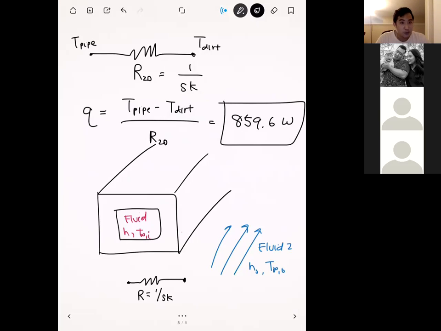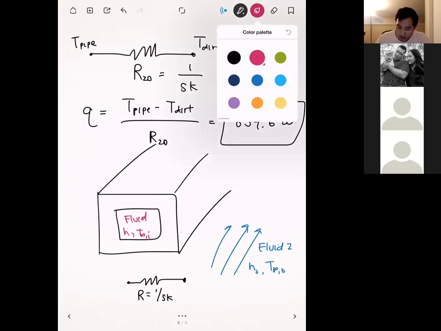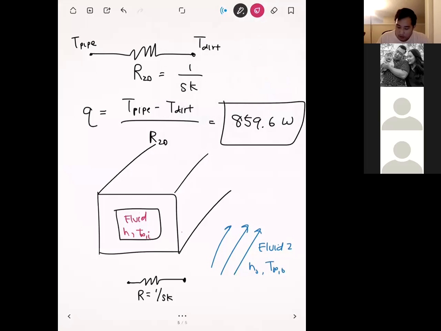If you look in table 4.1, you'll see that a hollow square like that pipe has a shape factor too. I gave you all the numbers that you need in the problem, so you can compute that shape factor.